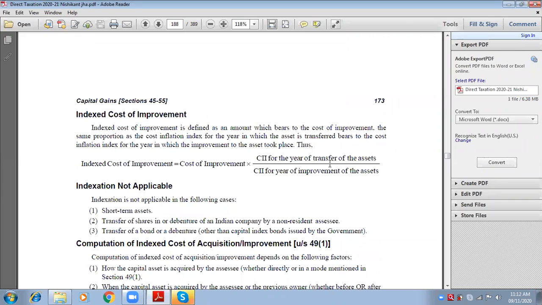Suppose we transferred in 1819, with the previous year being 1920, so you will write 1920's CII divided by the CII of the year of improvement. In which year you did the improvement has to be written.